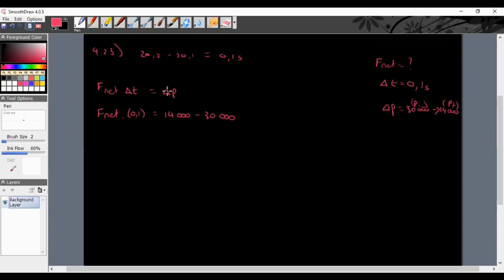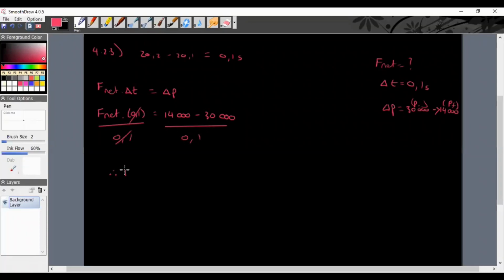The change in momentum we know is PF minus PI, final momentum minus initial momentum. If we do that, we divide both sides by 0.1. That cancels.